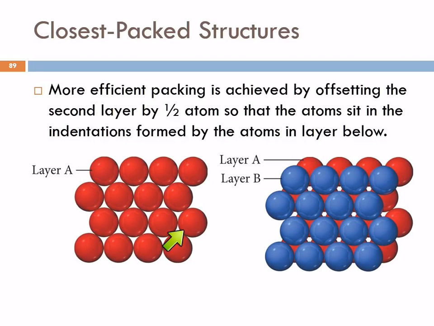So here we have layer A, and then layer B is going to be offset, so that layer B is sitting on the little divot formed between the atoms in the lower one. So it's offset by a half of an atom in the x direction and a half an atom in the y direction. That's more efficient. This is called closest packed. There's actually more than one closest packed, but this is one of them.